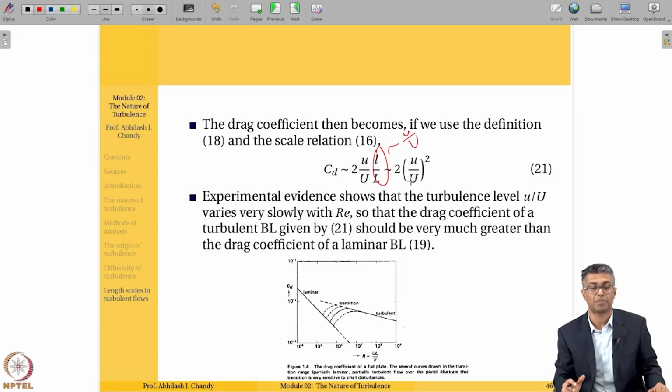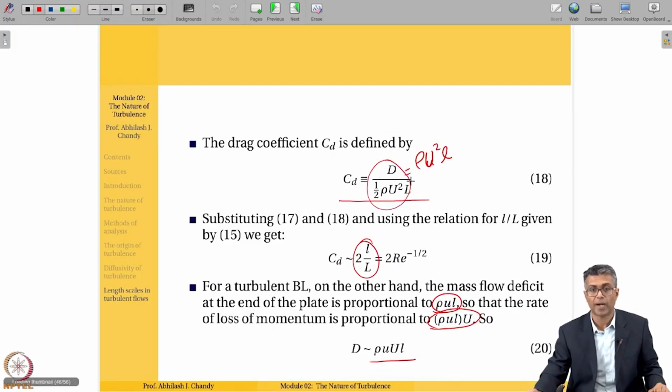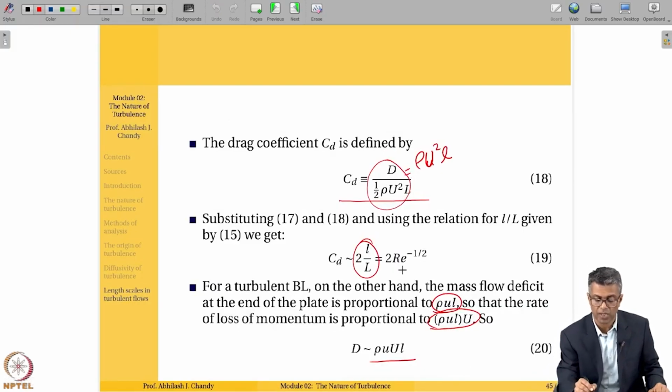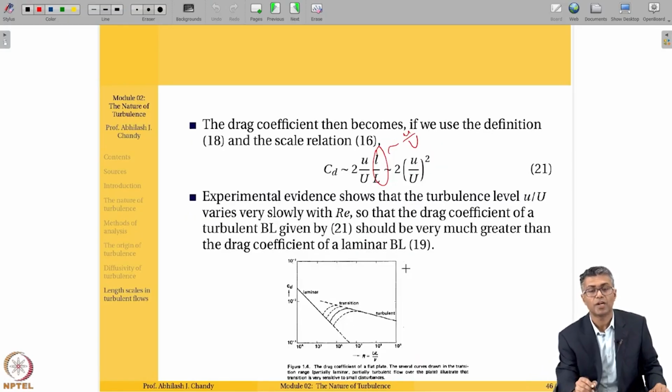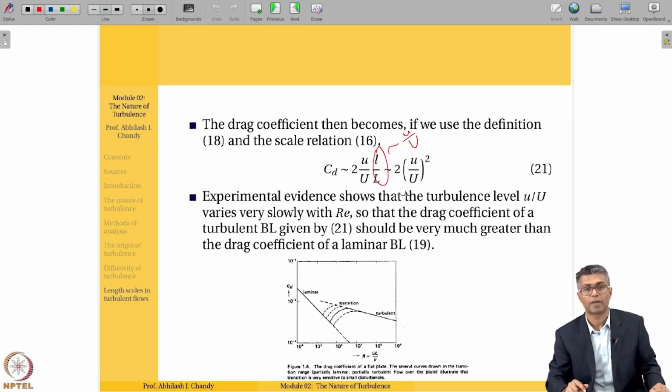You now have something different. Look at what you had earlier. The drag coefficient was Re to the negative half, whereas now you have small u over capital U squared. What does this mean?